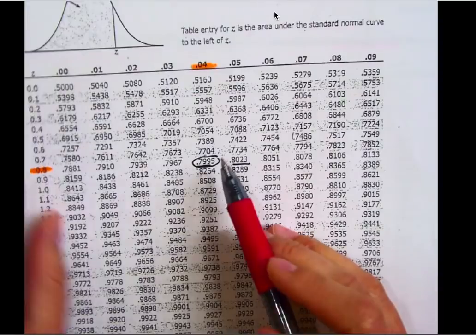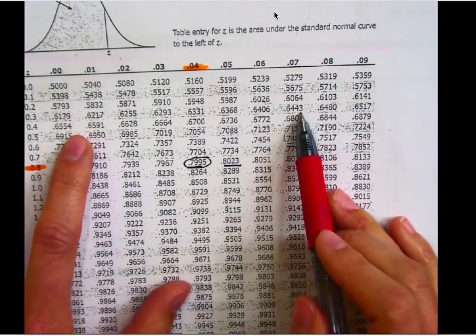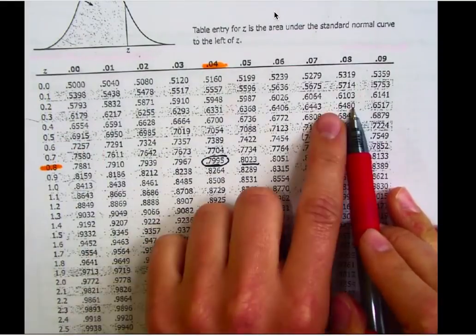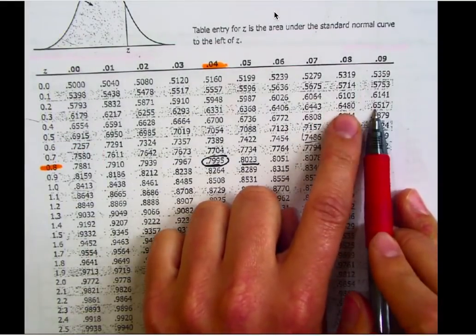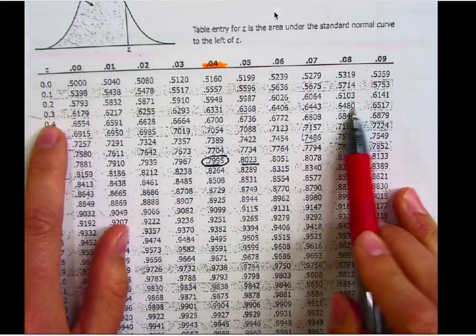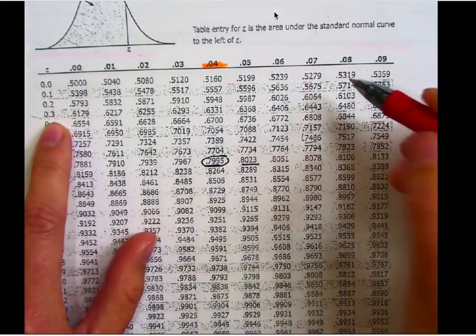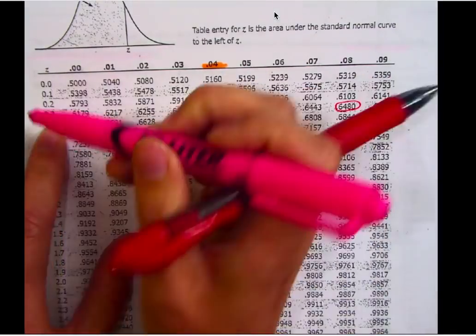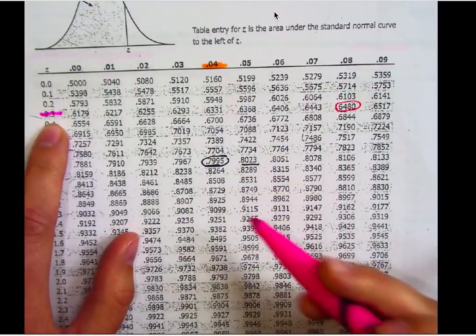I'm going to go and find 0.65, which is somewhere over here. So we're looking for which value is closer. I'm going to say this one's closer. Well, either one works. I'm going to use this one. So that's going to be a z-score of 0.38.